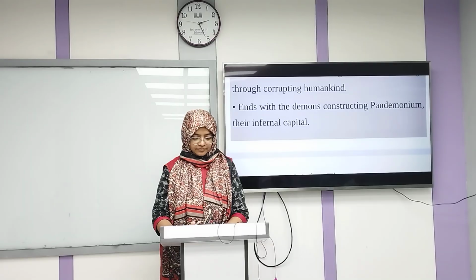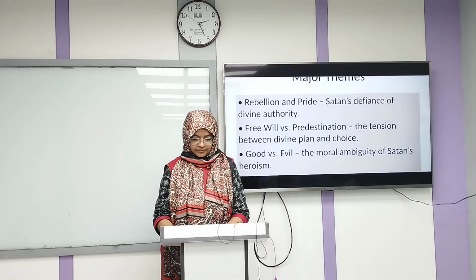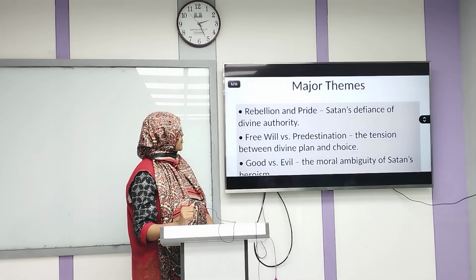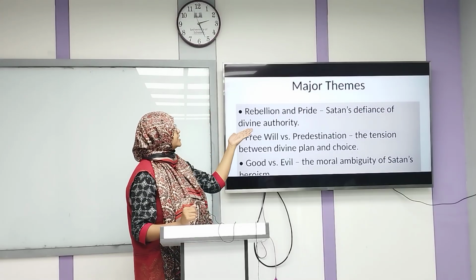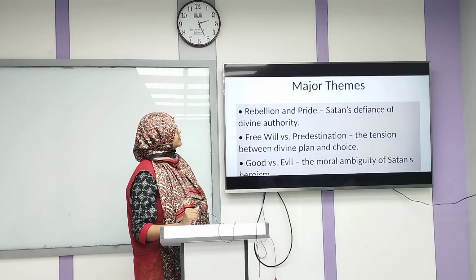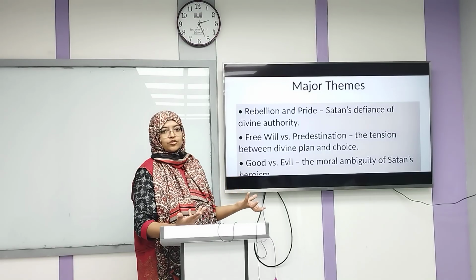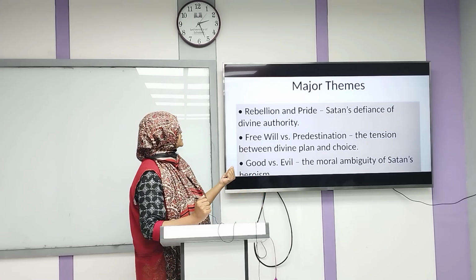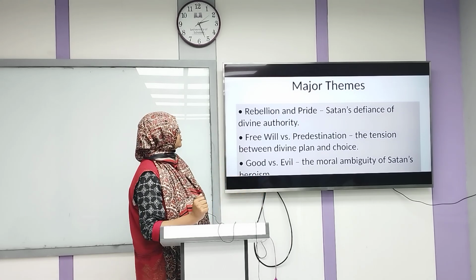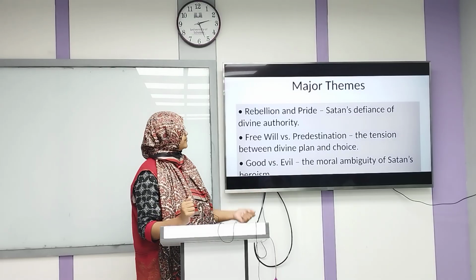Okay? So the major themes, as you can see in here: rebellion against God and pride, which are faults, okay, which are sinful qualities to have according to this. Satan's defiance of divine authority, which is God, okay.